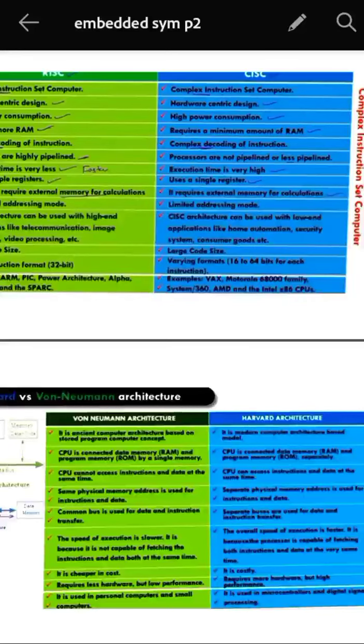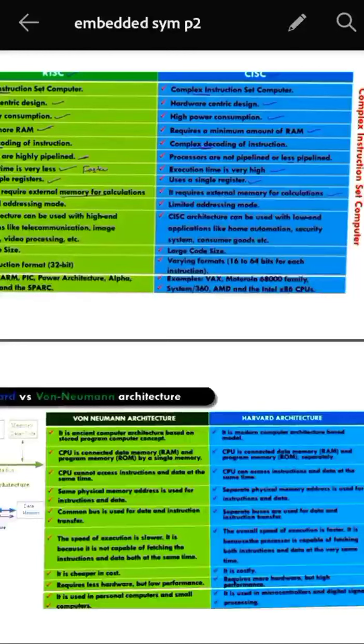The speed is faster in Harvard architecture because separate buses are used. Fetching of data is easy in Harvard architecture, whereas fetching of data is complex in von Neumann architecture.